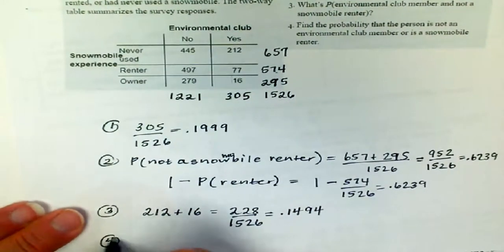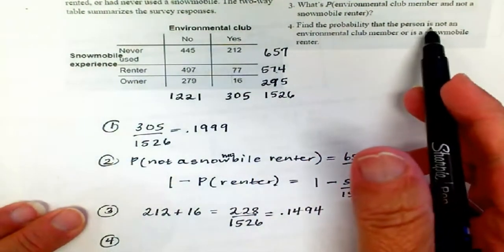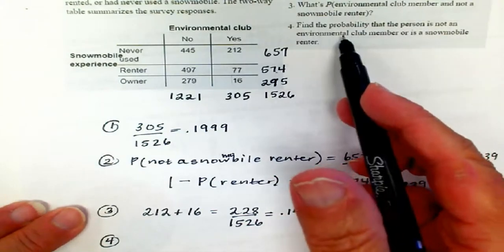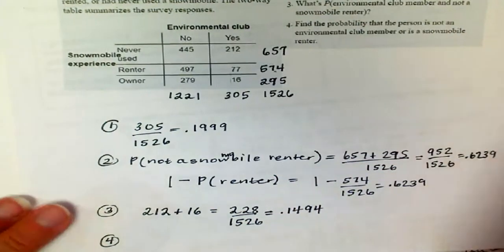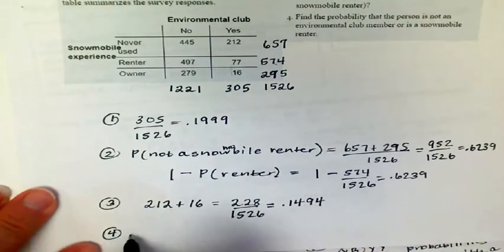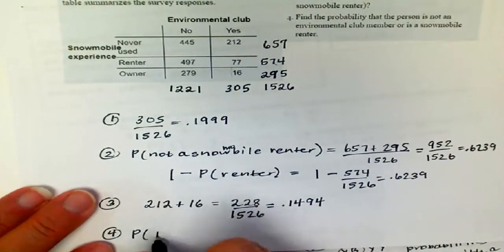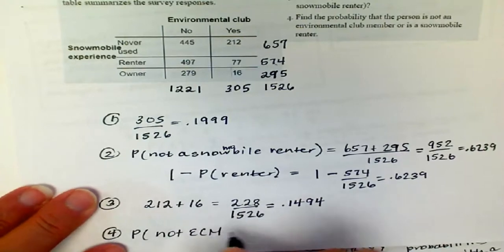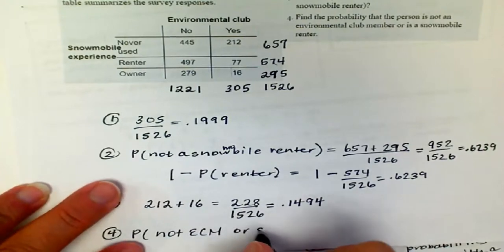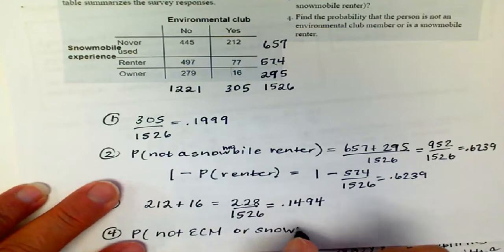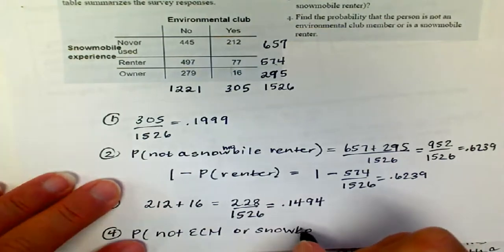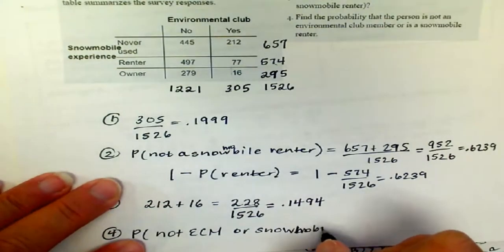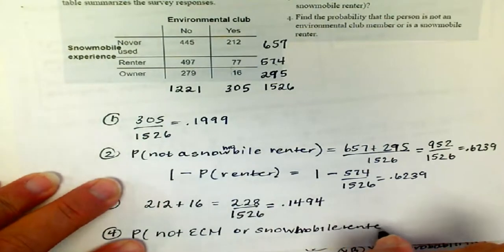And the last question, find the probability that the person is not an environmental club member or is a snowmobile renter. So the probability of not an environmental club member or snowmobile renter. I'm having some troubles with that. Okay.